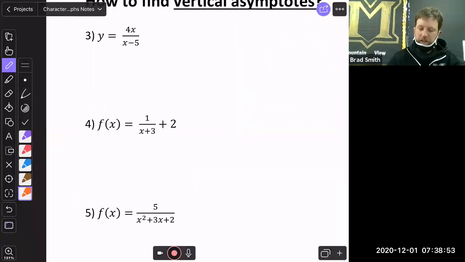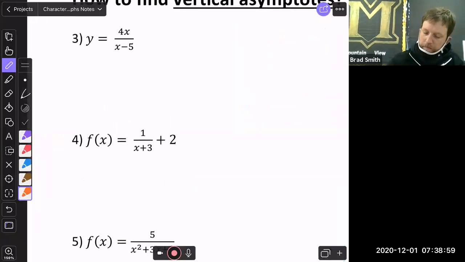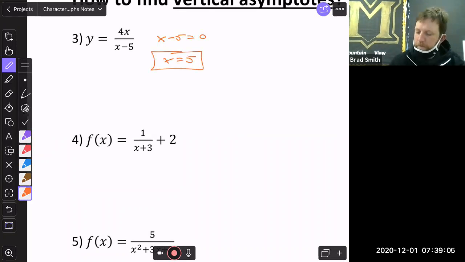All right, so if we're looking at these, nice and simple. For number 3, nothing factors, right? So I set the denominator equal to 0, solve.